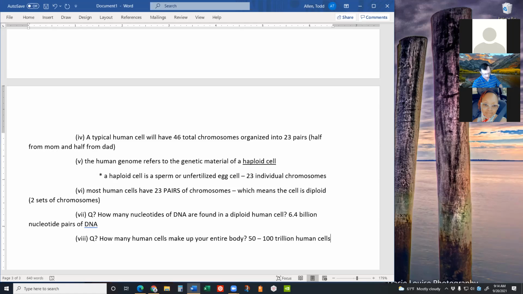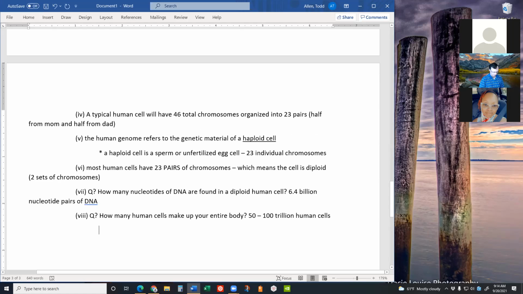Okay. And just for comparison, we started today talking about the different kinds of cells on the planet, prokaryotic cells like bacteria. And then we talked about eukaryotic cells. We spent all day talking about our human cells.